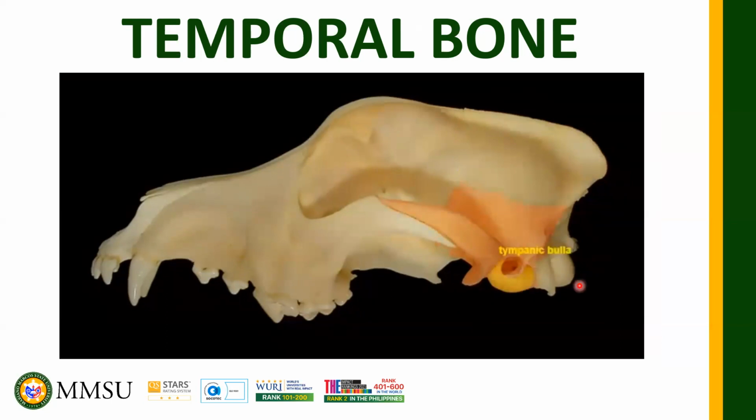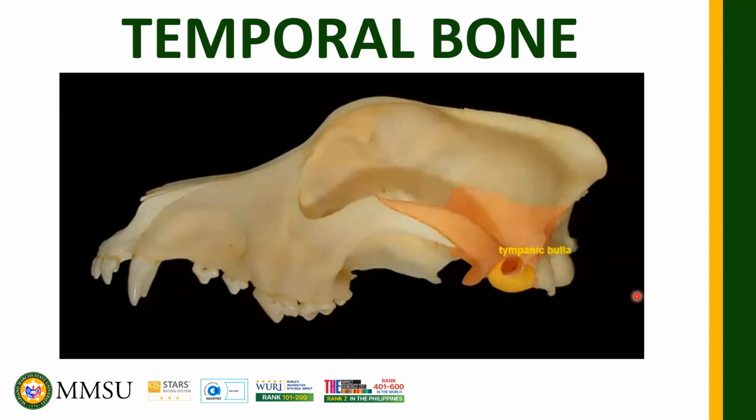Then meron tayo dito anatomical structure that is under the temporal bone. We have the tympanic bulla. Okay? Yung tympanic bulla, that is a bony structure that usually encloses and protects yung middle ear na structures natin. Okay? So parang nagiging protective chamber siya para sa mga delicate components ng auditory system, including yung eardrum, or what we call, ang other term kasi ng eardrum, that is tympanic membrane.